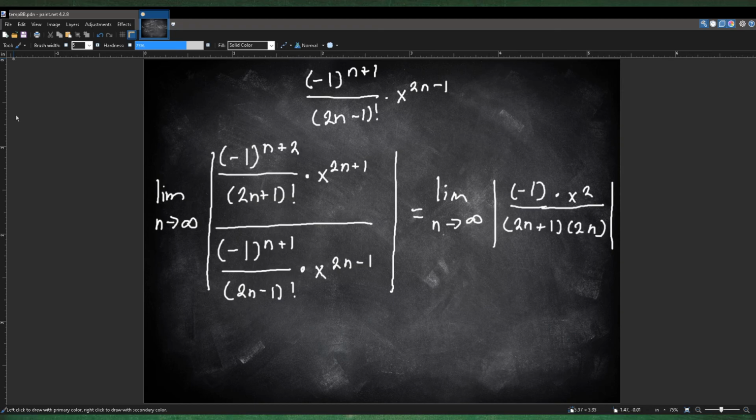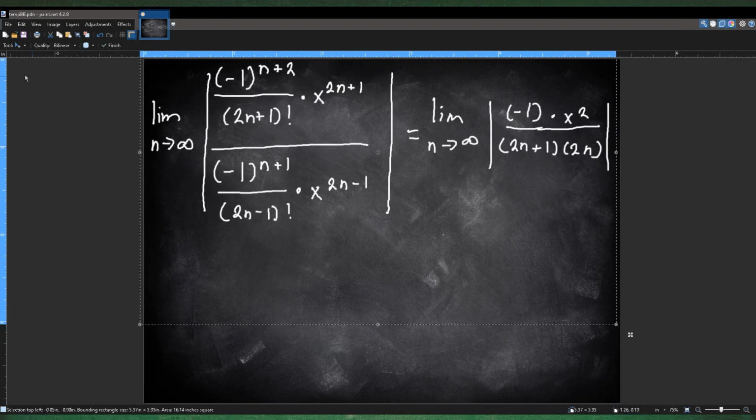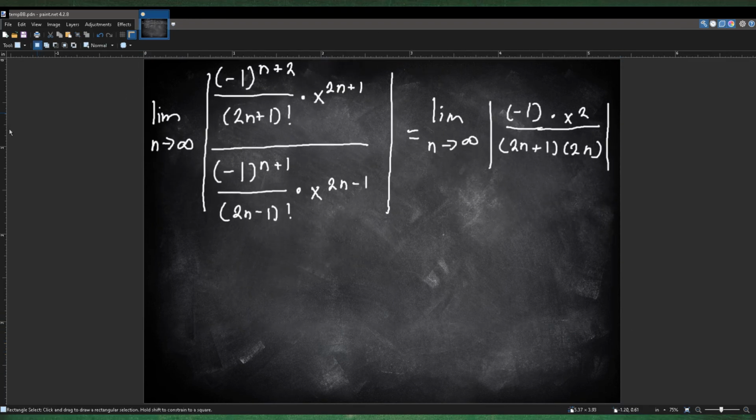Okay, so let's move this up so we get a little bit more room. So as n approaches infinity, what does this simplify to? Well, the n is really big on the bottom.